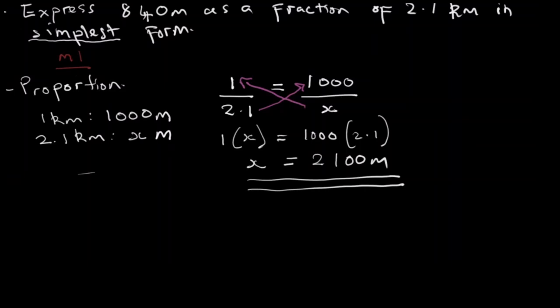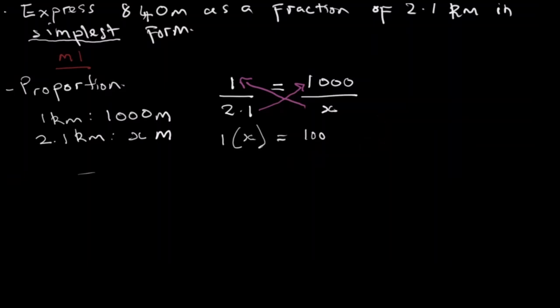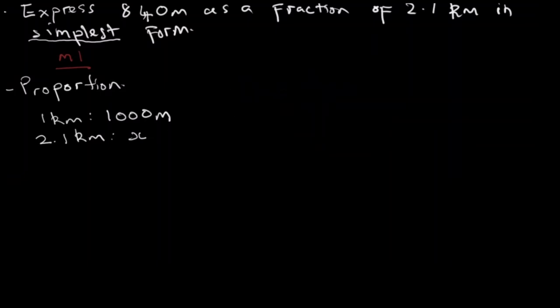So let us go back to our question and see how we can deal with it further. We now know that 2.1 kilometers is 2,100 meters. So I'm just going to separate this so that we will have more space to deal with.